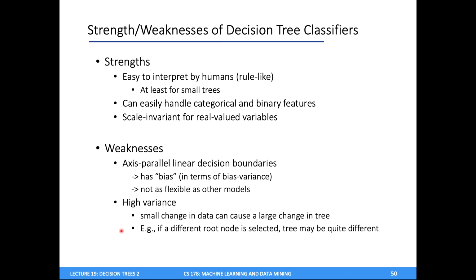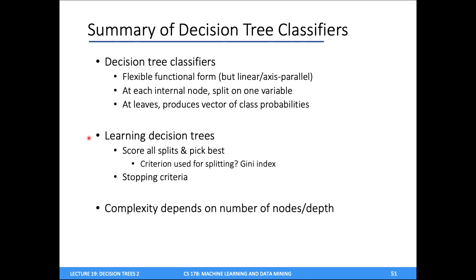Okay, so to summarize, decision tree classifiers have a very flexible model, but are limited to axis-parallel or linear decision boundaries. But if you make them deep enough, they can represent almost arbitrary decision boundaries. Of course, this comes at the cost of a model that's likely to be overfitting. The idea is we construct these trees such that at each internal node, we split on a single variable at some threshold that we choose.